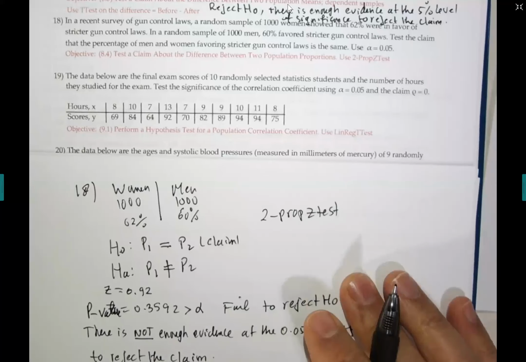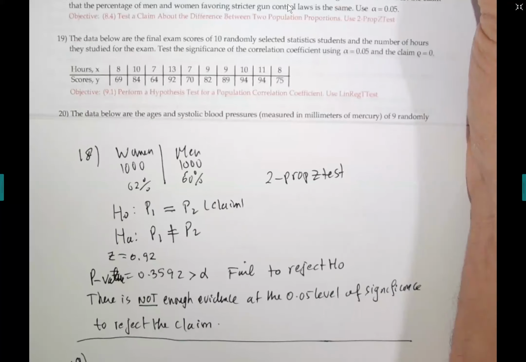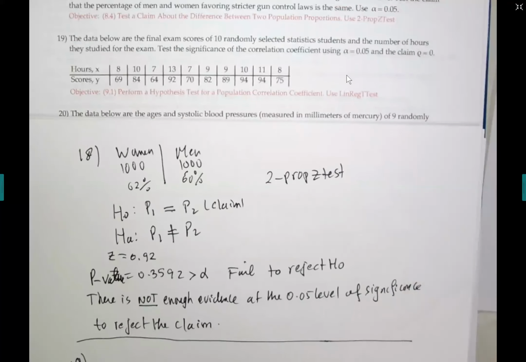19. All right. That concludes the review of two means and two proportions. Now we're going to a new chapter. For my on-campus class, it's chapter 9, and for my online class, it's chapter 4 now.